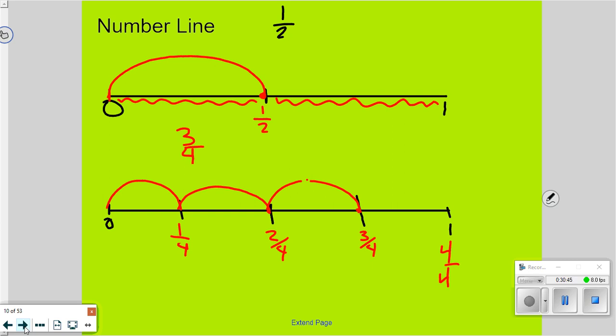Is it worth the same? Yes. Is having 4/4 worth the same as $1? Does it feel the same? No. Does it smell the same? No. Does it taste the same? Is it worth the same? Yes. All right, friends.